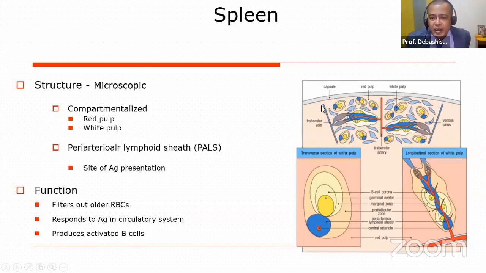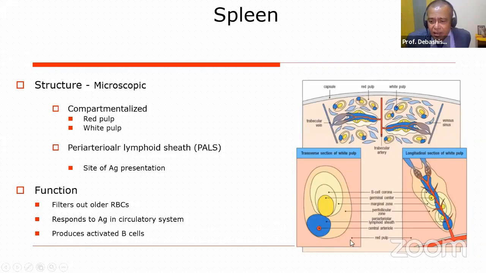The red pulp is the background you can see, and if you see the transverse section and the longitudinal section of a white pulp, you can see from the perifollicular zone to the marginal zone to the germinal center and B cell corona.